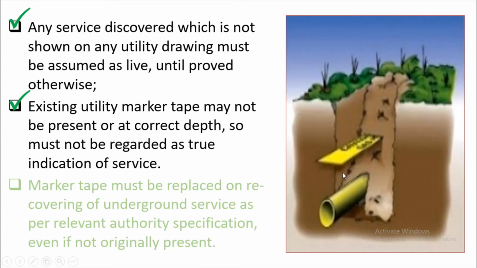But sometimes the depth of this utility marker tape is not correct, and also sometimes it's not present. So always take extra care. Even if there is utility tape marker at that location, always assume that it might be wrong. In doing that, you will avoid hitting the underground services.